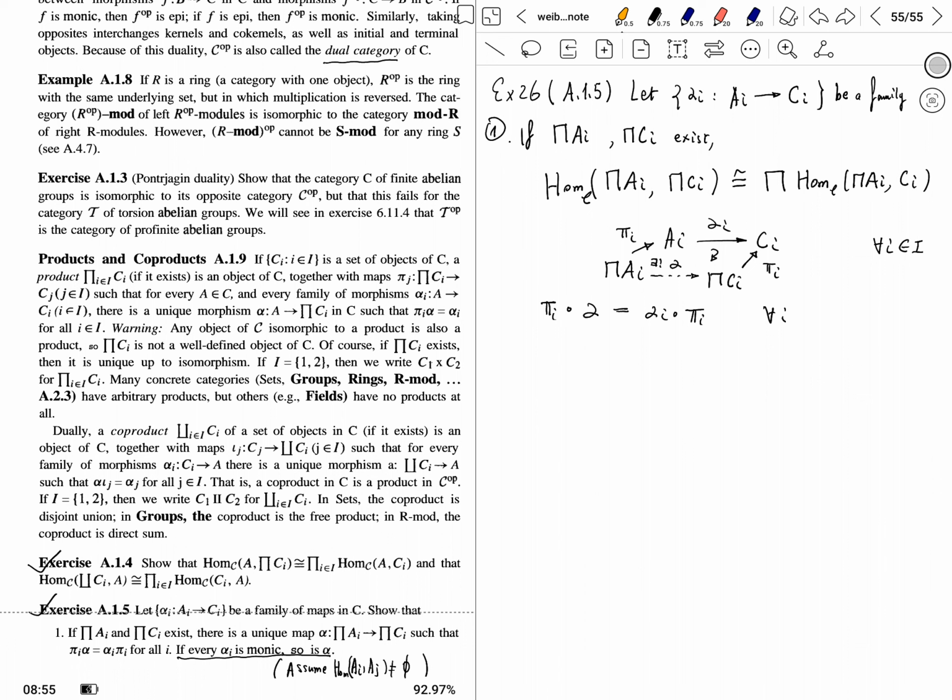Suppose we have the monicness of alpha_i; that implies alpha is monic. That's the question.